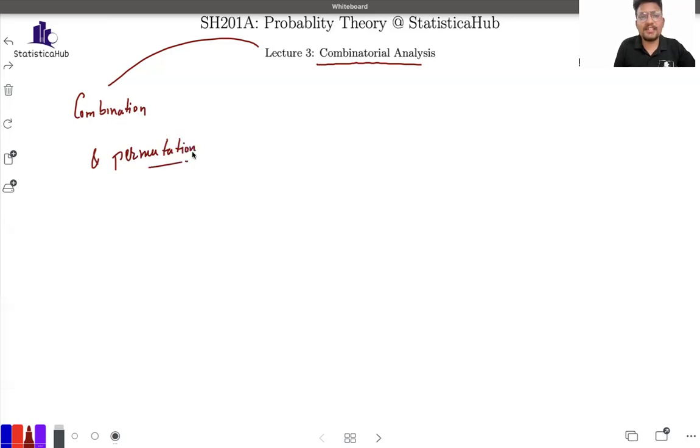Okay. Now the point is, what is this particular kind of analysis? Is it something very different from mathematics or statistics, or is it a combination of all these things? What is combinatorial analysis?